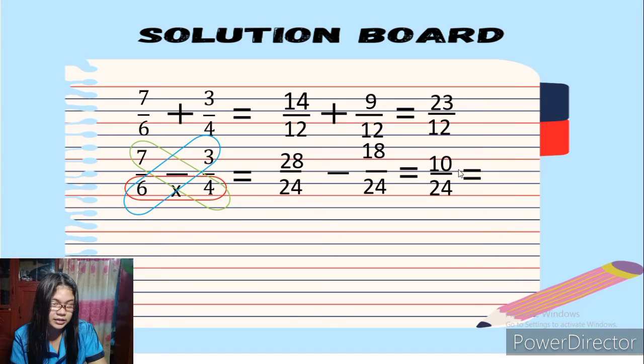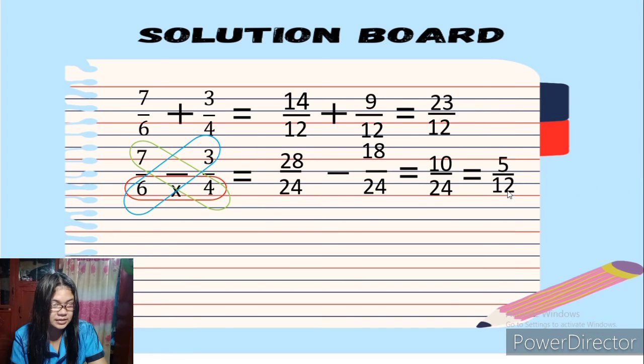Pwede pa nating i-turn into simplest form si 10 over 24. San kaya? Pwede natin silang i-divide both ang numerator and denominator into 2. So, 10 divided by 2 is equals to 5 over 24 divided by 2 is 12.